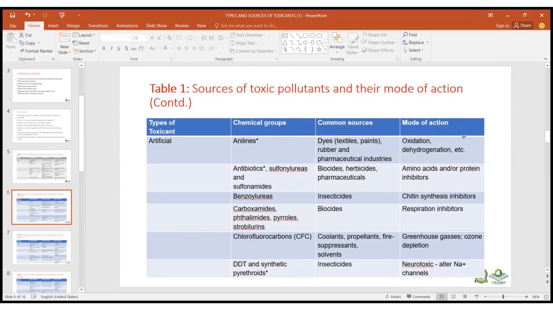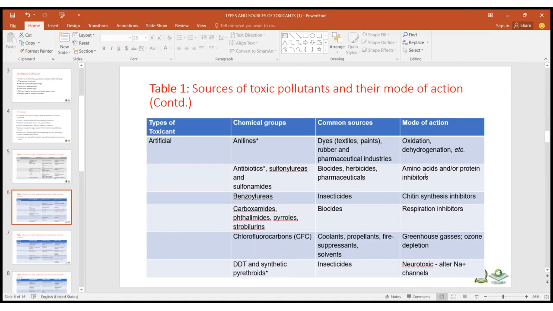Okay, and we also have antibiotics. Antibiotics are also toxicants, and you find them in pharmaceuticals, herbicides and biocides. And their mode of action is that they inhibit amino acid and protein synthesis.